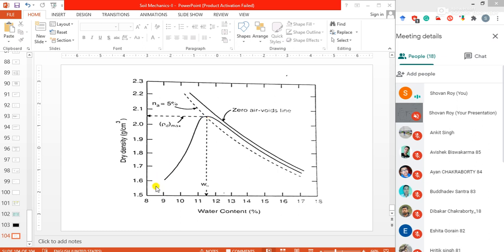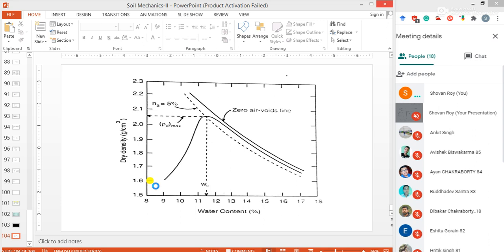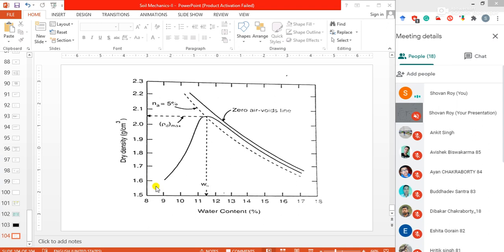Normally, whatever I said in the last class, this is actually our objective. But along with this objective, we can also find the zero air voids line, which will give us some idea regarding the percentage of air voids in the soil when I am adding, suppose, 9% water content, 10% water content, 11% water content, and compacting my soil.